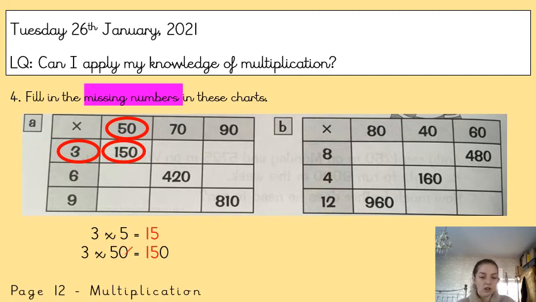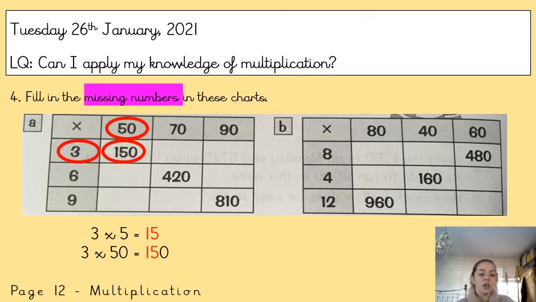If you were to cross out the 0 on the 50 and the 0 on the 150, your answer is still the same, okay? It's just that because we've gone up and you've got 5 10s instead of 5 1s, it turns the 15 into 150, okay?